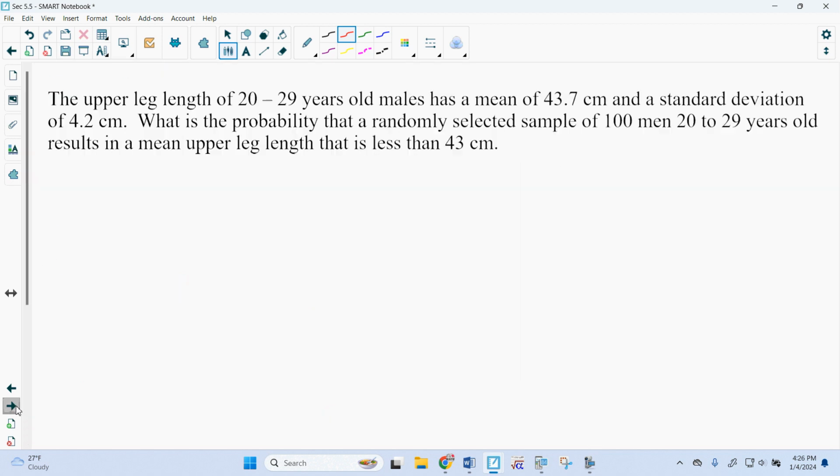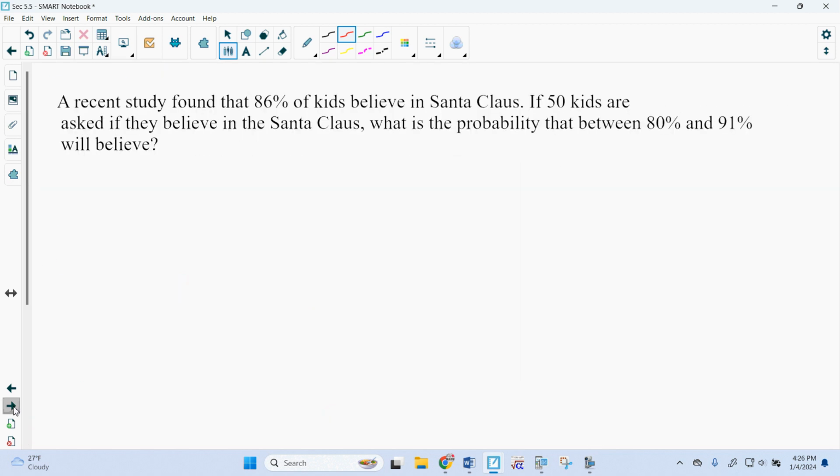So another example. A recent study found that 86% of kids believe in Santa Claus. If 50 kids are asked if they believe in Santa Claus, what's the probability between 80 and 91% say they believe? So we have 0.8, p hat is 0.91.